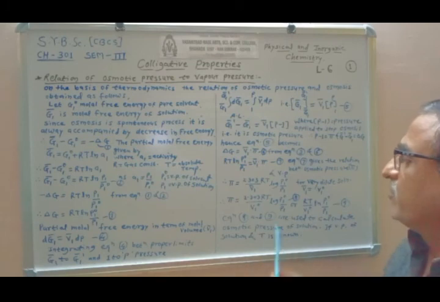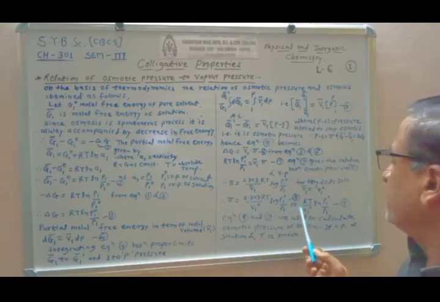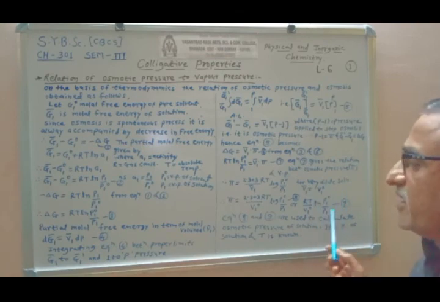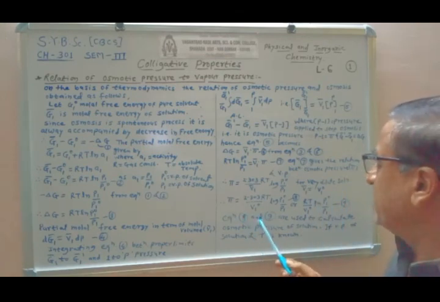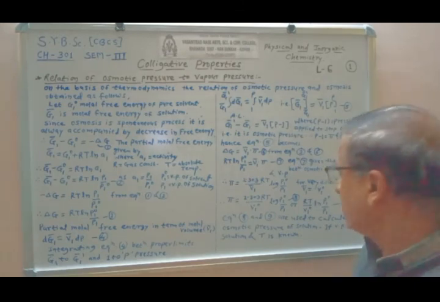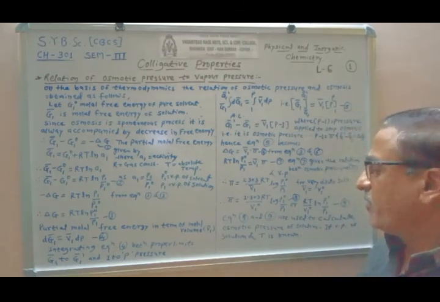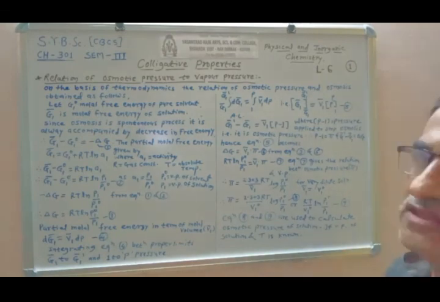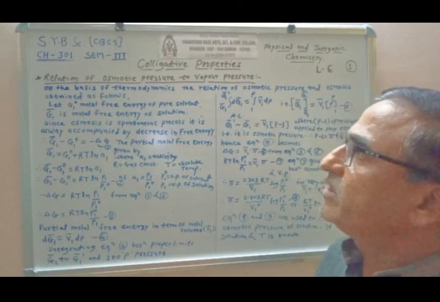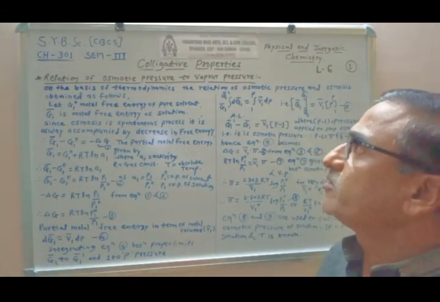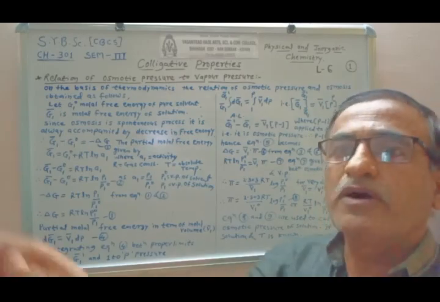Equations 8 and 9 are used to calculate the osmotic pressure of the solution if the vapor pressure of the solution and T, the absolute temperature, are known. So in this way we have obtained the relation of osmotic pressure to the vapor pressure.